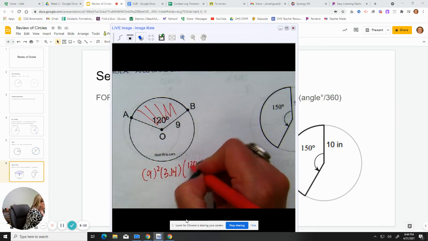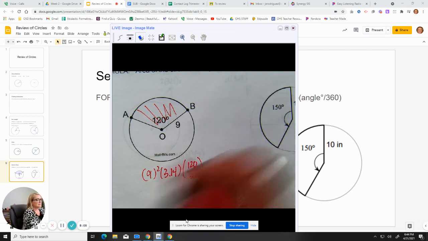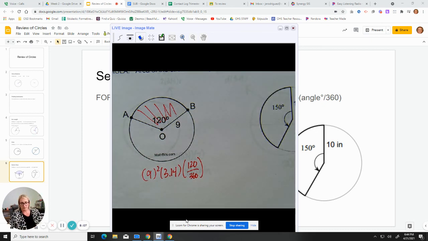And now we're going to do 120 over 360 so that we can get that chunk of the circle. Again, if you are good at using your calculator, you should be able to do this all in one thing with a bunch of parentheses. And then you hit equal and you should get 84.78.